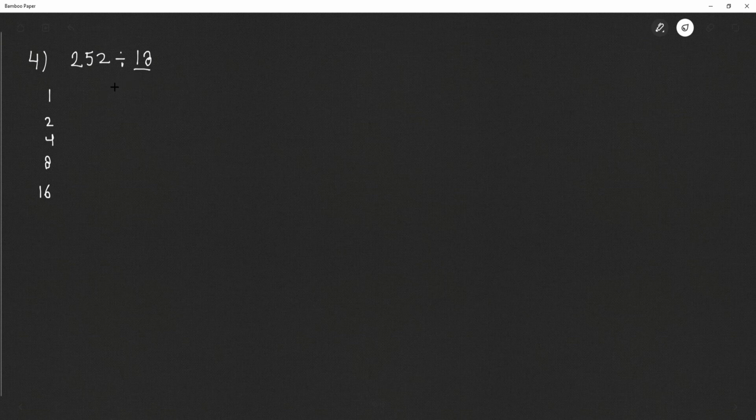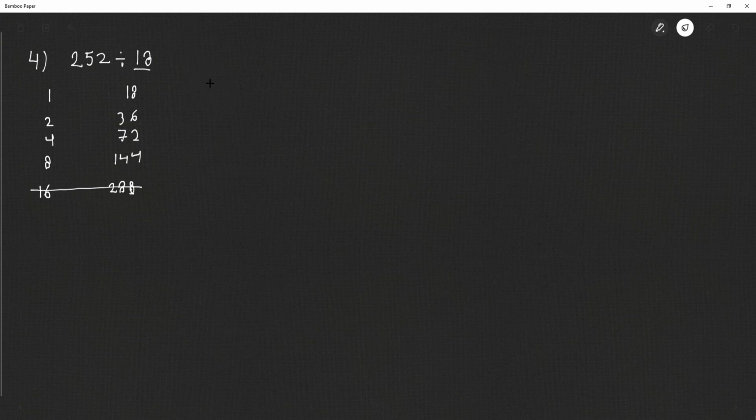So now doubling 18 gives us 18, 36, 72, 144, and then finally 288. Now we know we don't need to go past 16 because 288 is already larger than 252, so it won't be used, so there's no point in continuing.